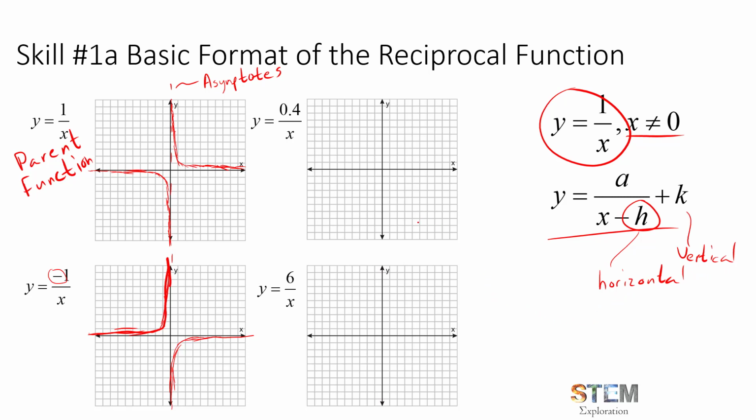So when you have 0.4 for your a term, that really shrinks everything. Instead of your function looking like this, you would get a behavior that looks a little more like this, where when x equals 1, y would equal 0.4, for example.